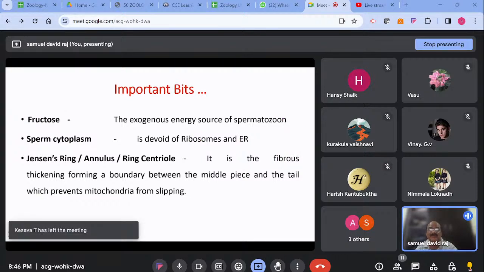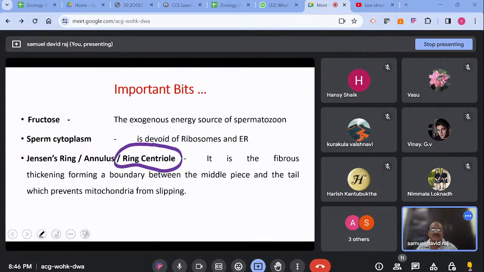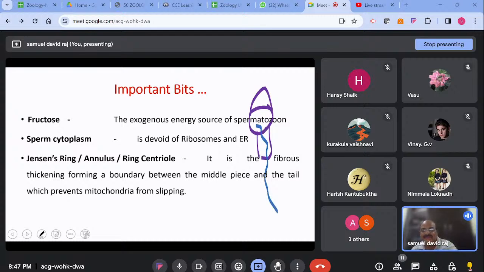There is another one called the ring centriole, which often gets you distorted during the examination. The ring centriole is not a centriole at all. We have only two centrioles, proximal and distal. Then what about this ring centriole? Here there is a sperm head followed by the middle piece followed by the tail.